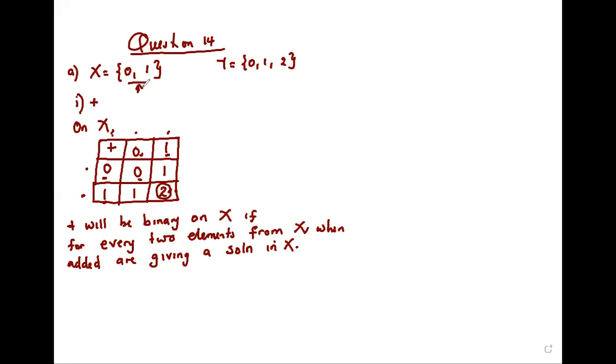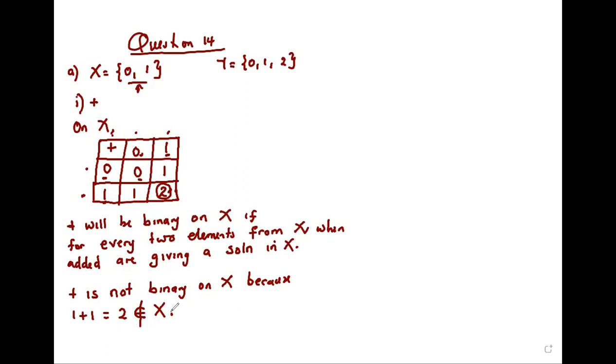Now, because we have not found 2 in X, then we say plus is not binary on X because 1 plus 1 is equal to 2, but 2 is not in X. So we have given a reason.